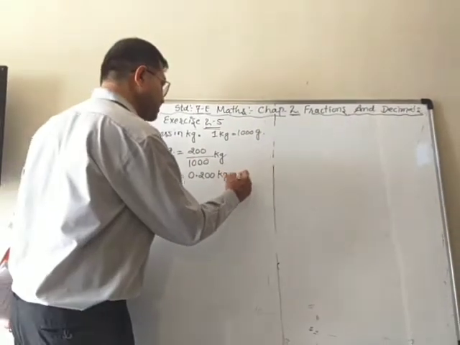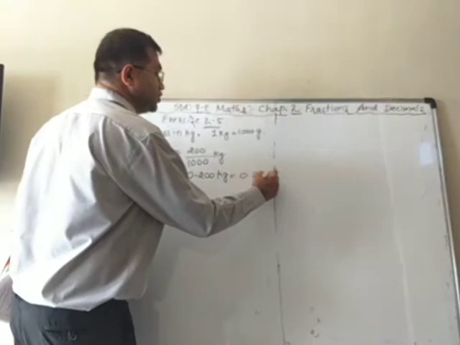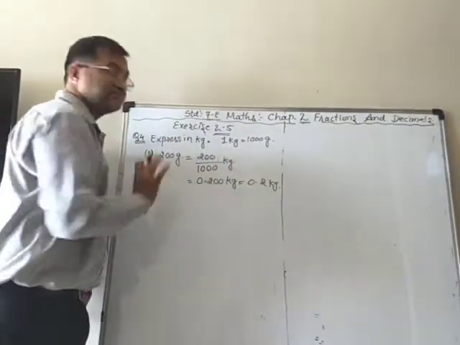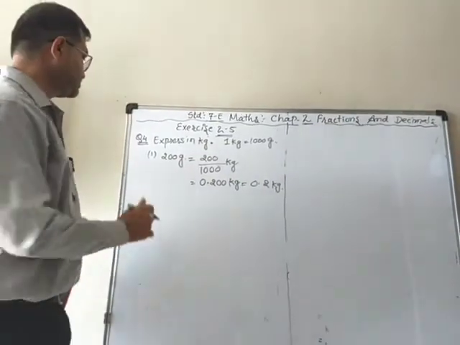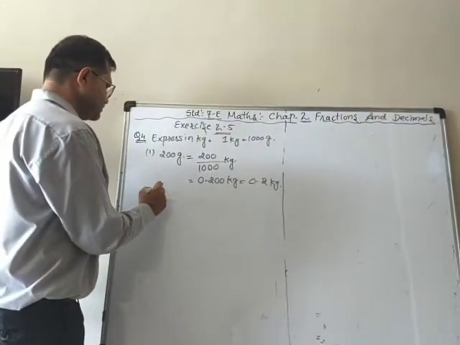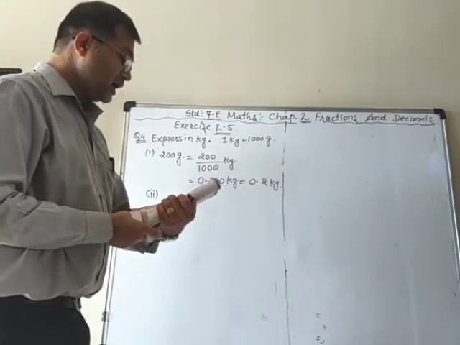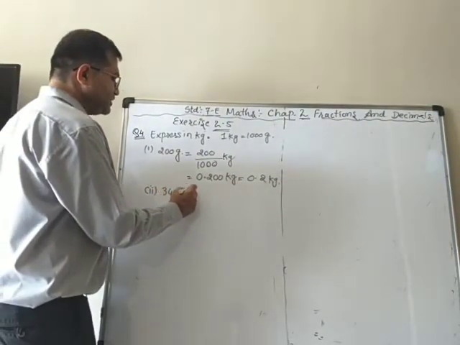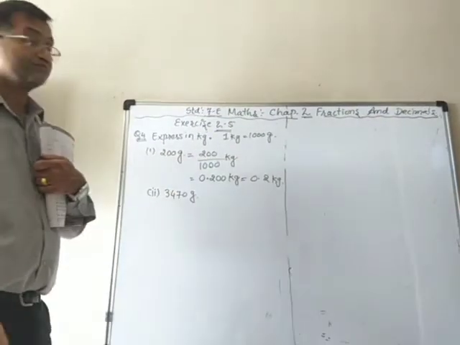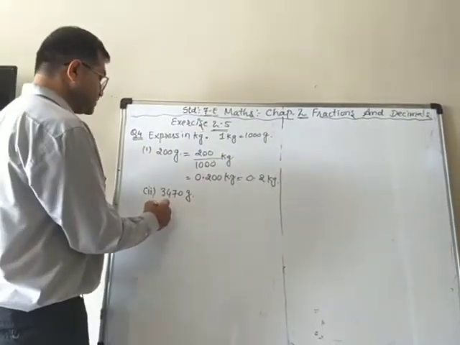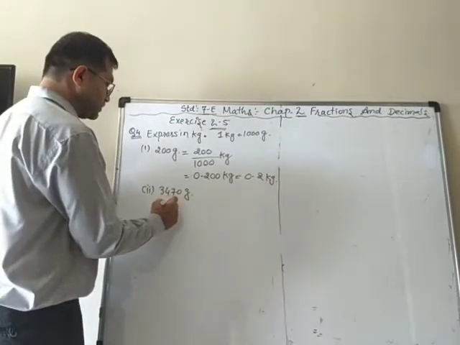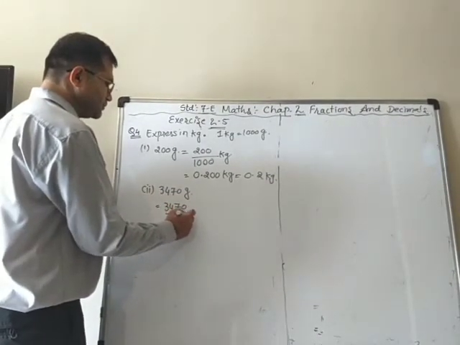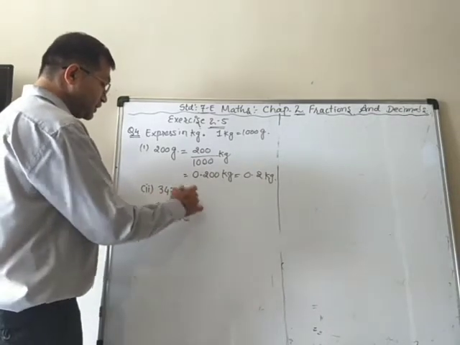If you write down 0.2 kilogram, it is also not wrong, but generally we will keep it. So you can write down that also, not a problem. It is also the right answer. If you write down this answer or this answer, it will be accepted. Second one is 3470 gram. As I told you, we have to divide by 1000. 3470 upon 1000, and don't cancel.